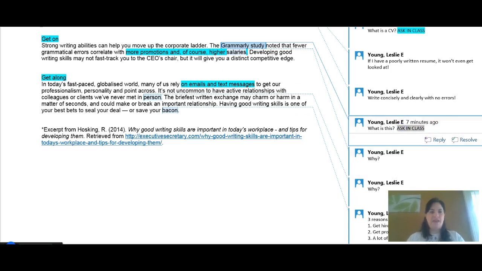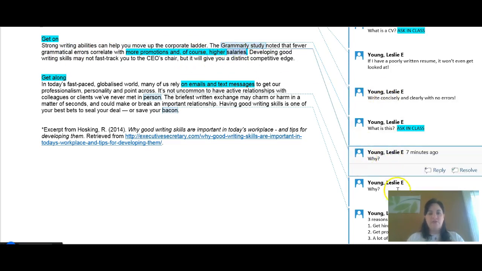My assumption is that the rest of the article explained what this Grammarly study is, but I have no idea, and we didn't get the rest of the article to read. And then we have that fewer grammar errors correlate with more promotions and higher salaries, but I still don't really understand why that is. And so I'm going to ask about this in class too. So I'm just making a note to myself to ask about this in class. And that was all that I got out of that paragraph.